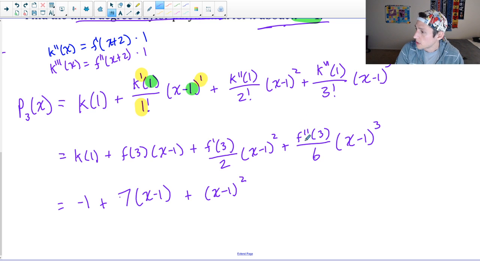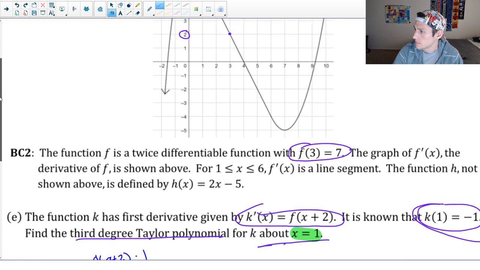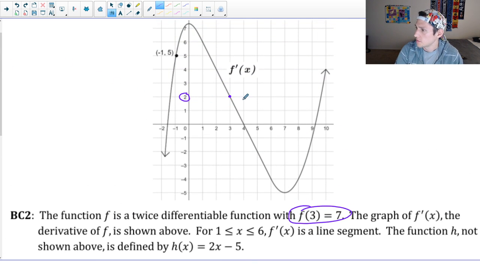F double prime of 3. Okay, f double prime of 3. So I'm looking here. What's the derivative of this? Well, I know this is a straight line segment. So what is the slope of this straight line? We can just look from point to point. That slope is negative 2.